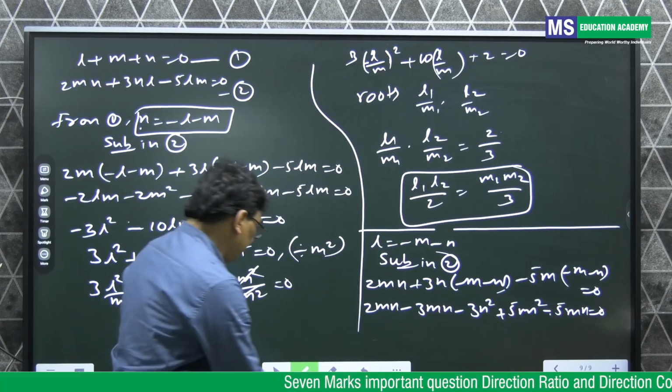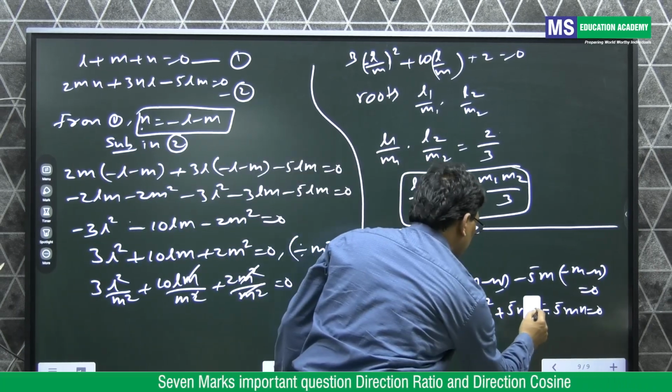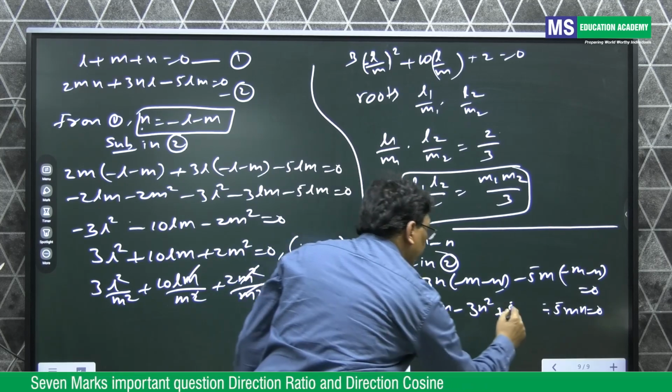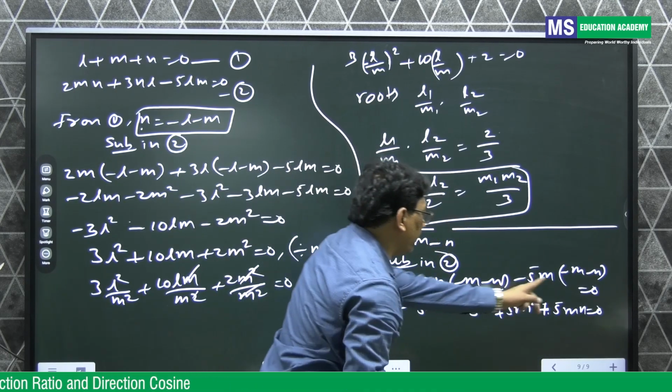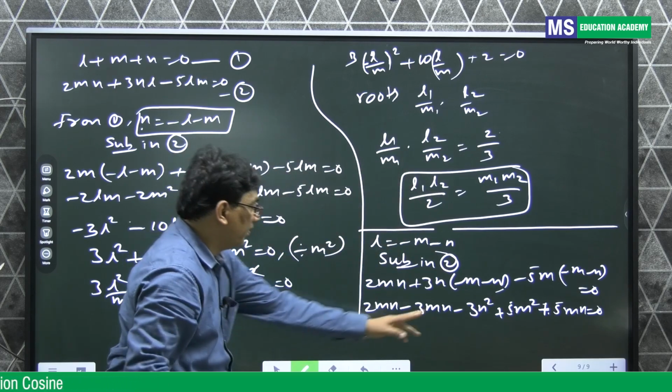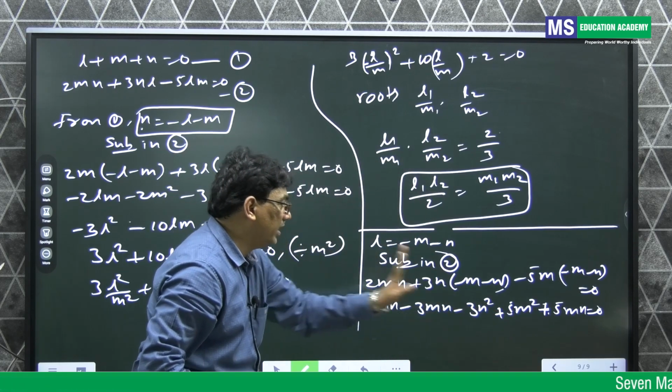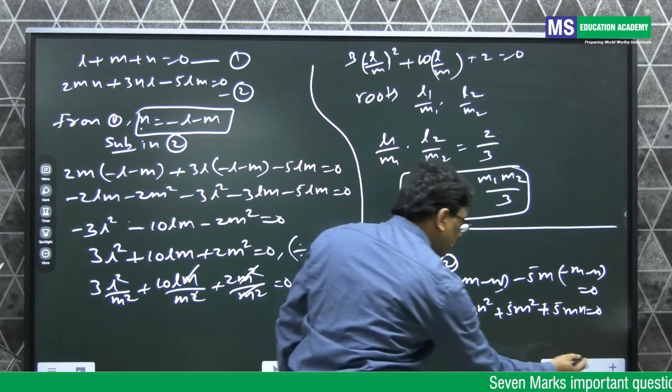Now again m square here, so it is 5m square plus 5mn. Now if you write in order, first m square, then mn, then n square: 5m square.